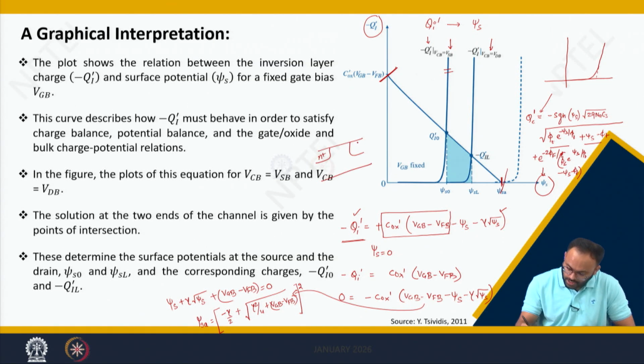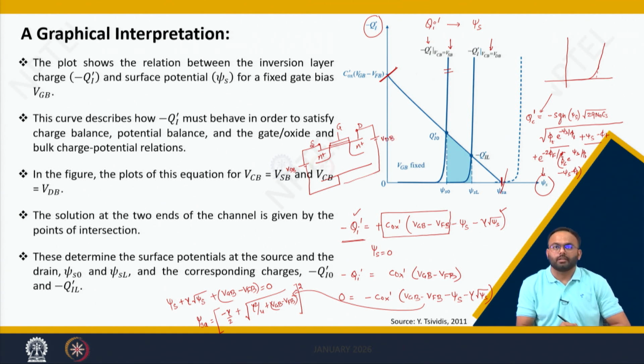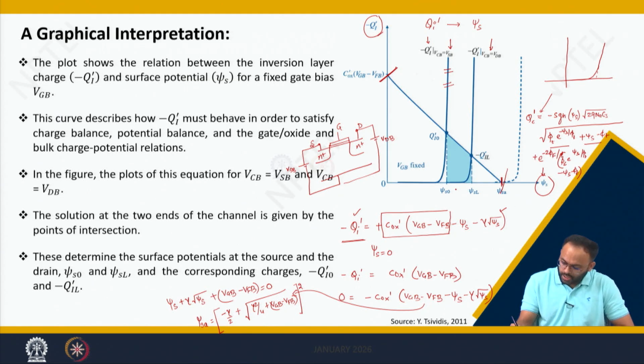So, this is N plus, this is N plus, here you have gate, this is drain and this is source. We are applying a voltage VSB this side and VDB this side.